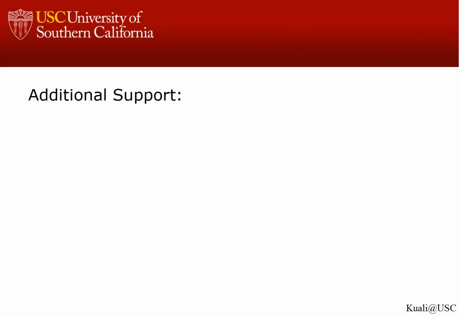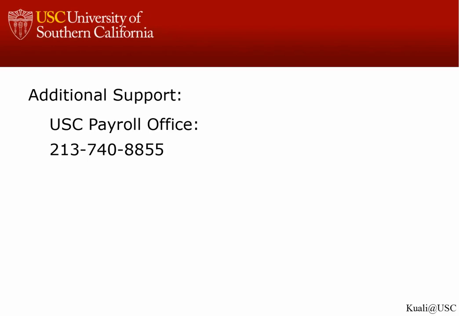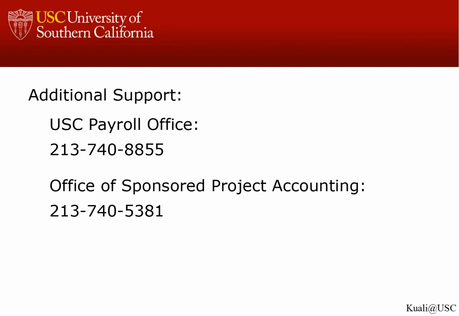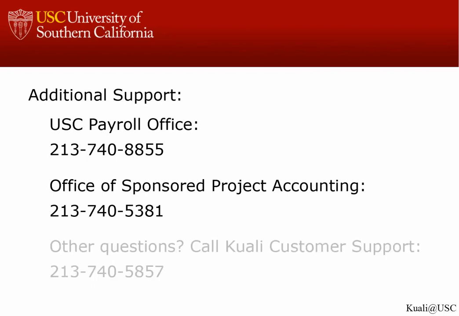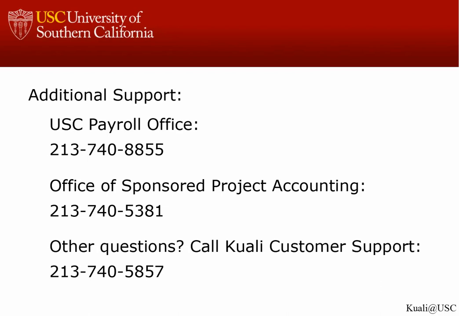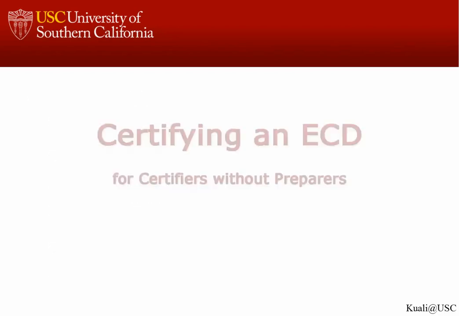For questions regarding payroll expense transfers, contact USC's payroll office at the number shown on your screen. You can also contact the Office of Sponsored Project Accounting for more assistance. For all other questions, including login assistance, please contact Kuali Customer Support.